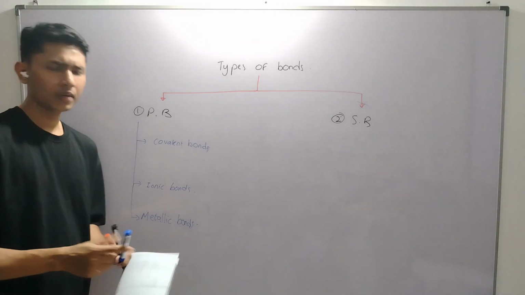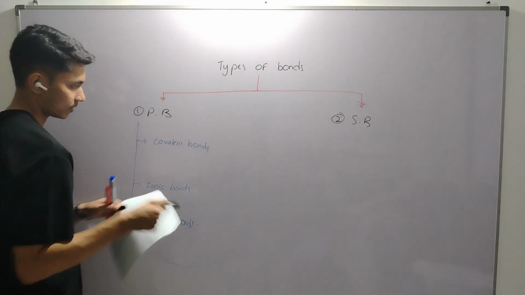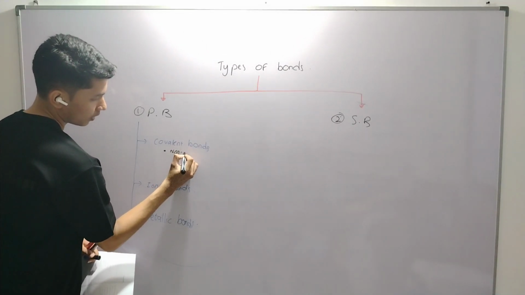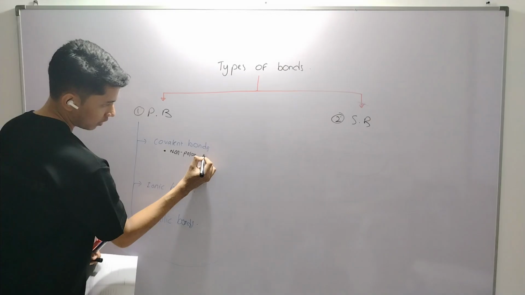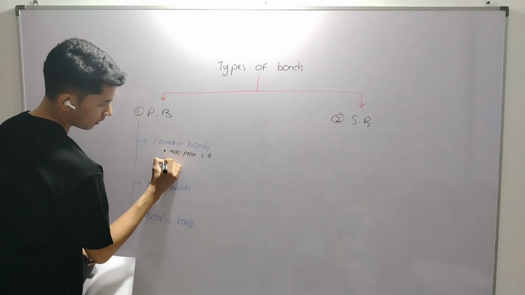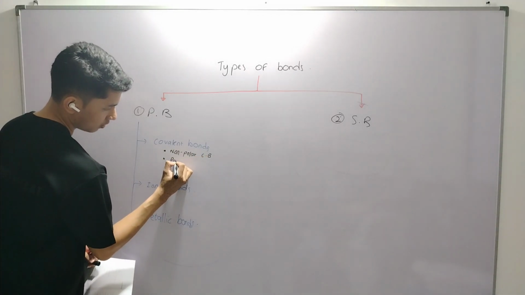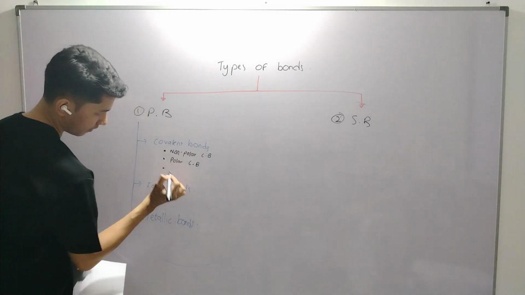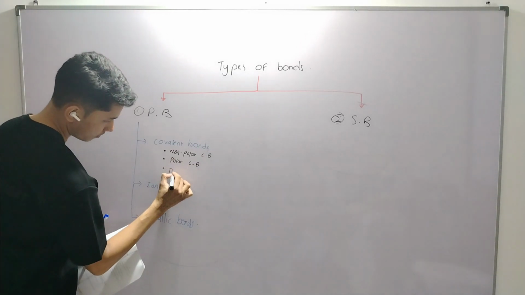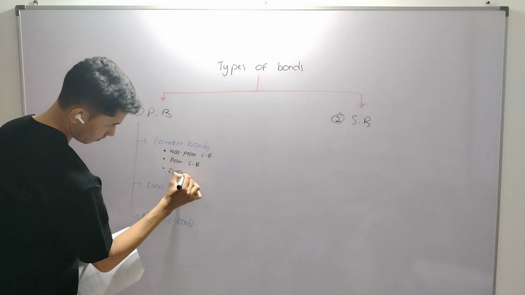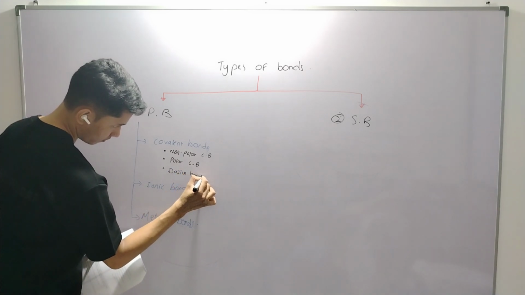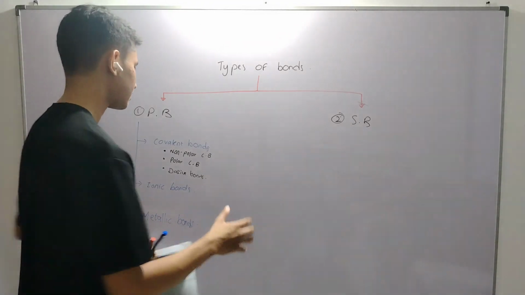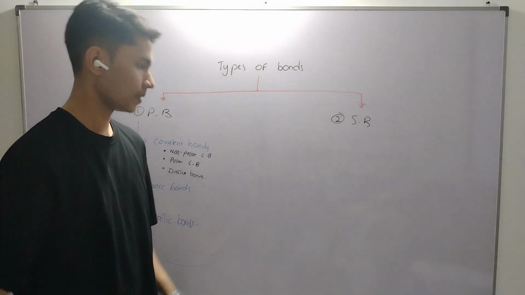Now this covalent bonds topic has 3 subtopics: non-polar covalent bonds, then polar covalent bonds, and then dative bonds. So today we will mainly discuss the covalent bonds topic.